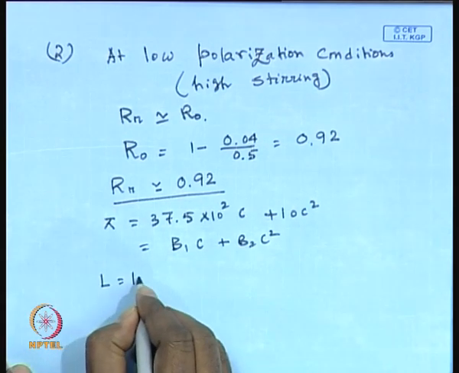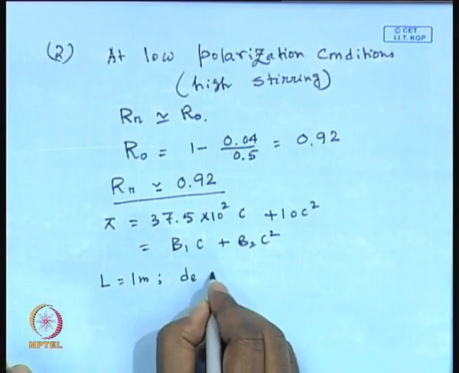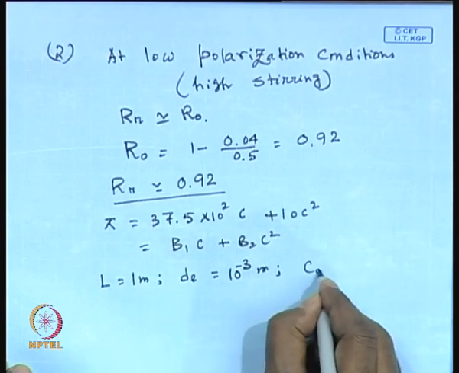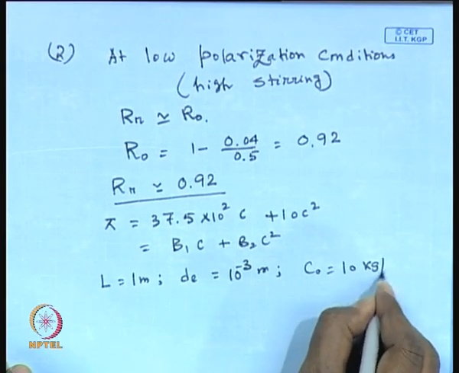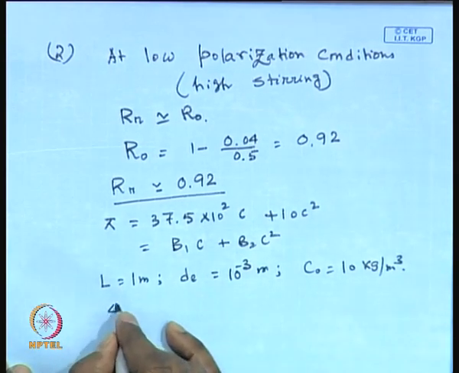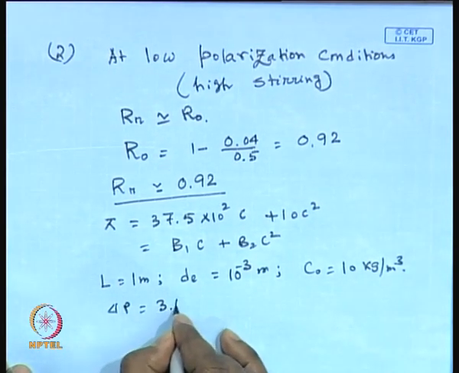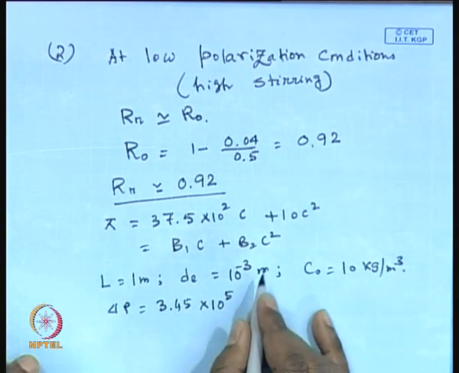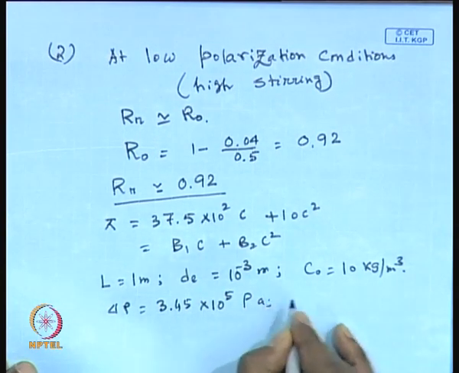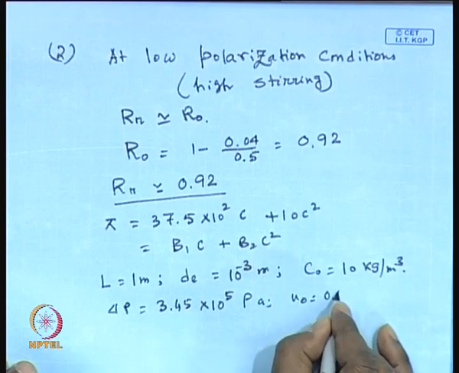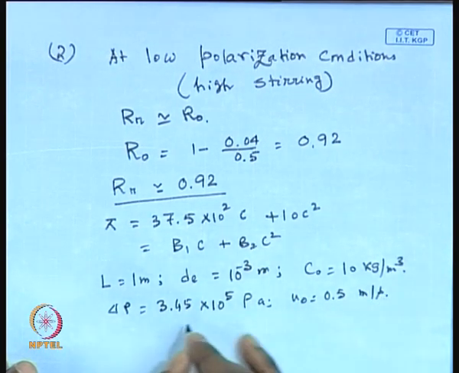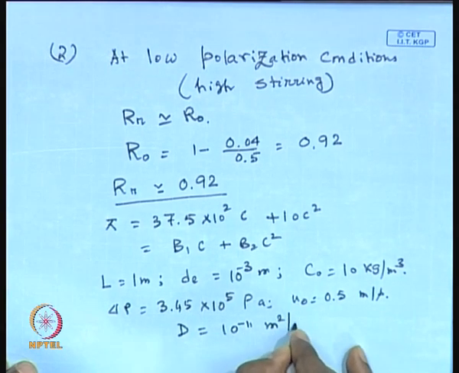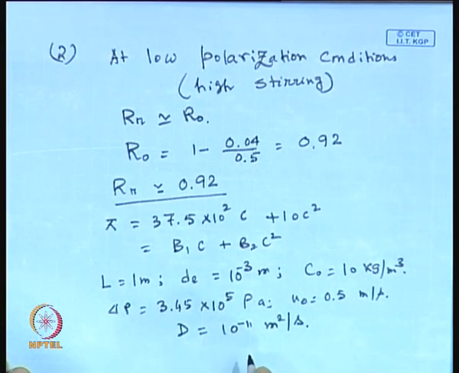L is equal to 1 meter, D equivalent is 10 to the power minus 3 meter, 1 millimeter, C naught is 10 kg per meter cube, delta P is 345 kilopascal, so this will be 3.45 into 10 to the power 5 Pascal. U0 is 0.5 meter per second. Diffusivity of solute is 10 to the power minus 11 meter square per second.